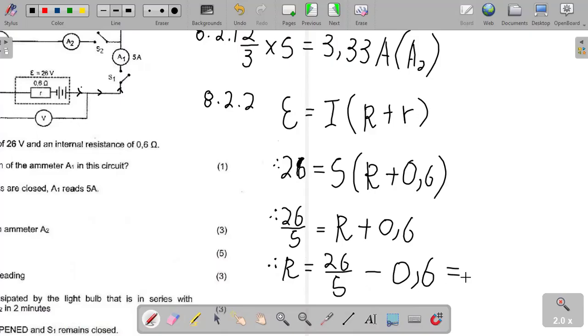That is going to be equal to 4.6. Use the calculator here. So this is 4.6 ohms. So this is the external resistance. This is the total external resistance, isn't it? But then what do we know?